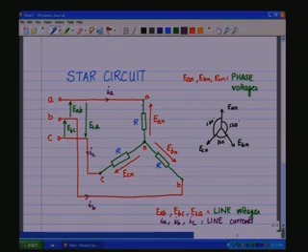and if we take, let us say, the current here as I A P and the current here I B P and the current here as I C P. Okay.